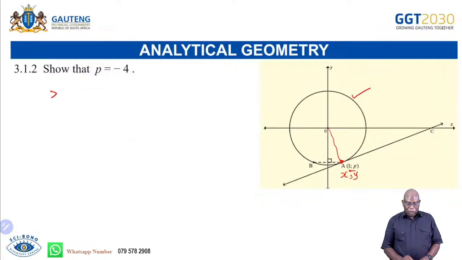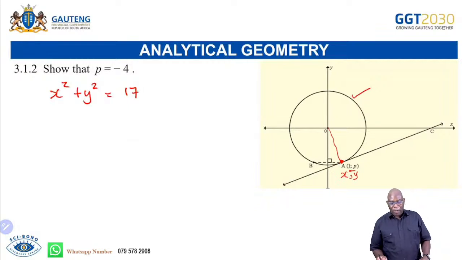So I'm given x squared plus y squared equals 17. Right. So now I've got the x value, but I don't have the y value. The y value is p. It's given, I mean, it's there, p equals -4. But I can't substitute with that value because this is what I need to show.